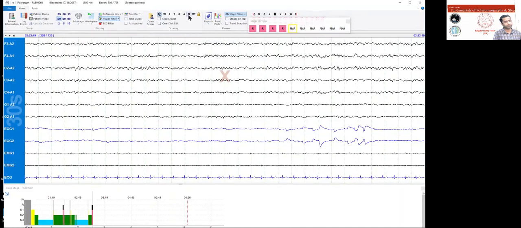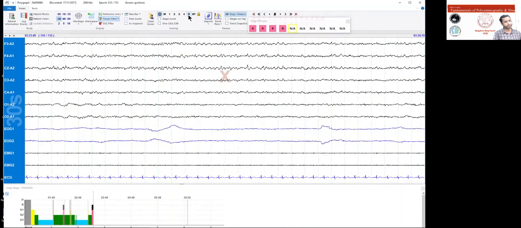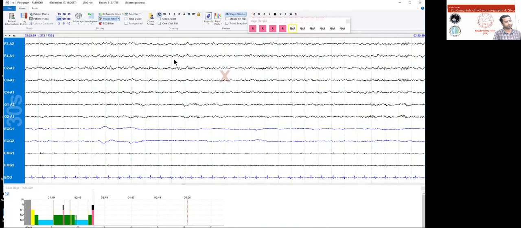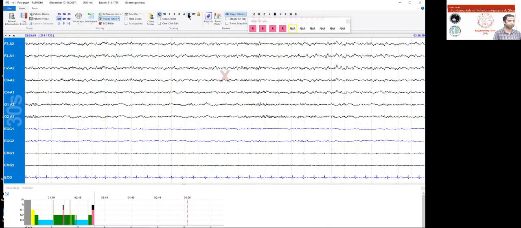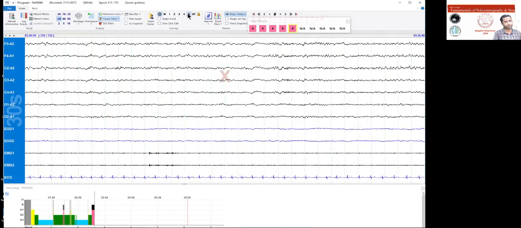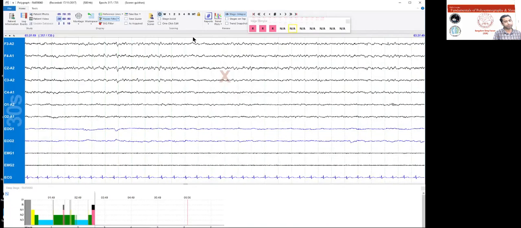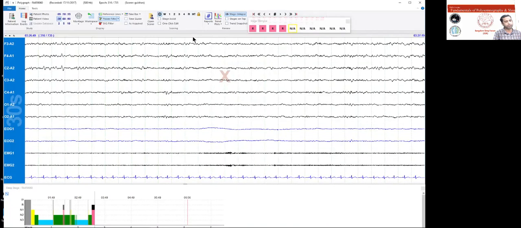Rapid movement is there. So this epoch has nothing, means no other distinct features, but the preceding epochs were having rapid events. So that's why we are marking them as REM sleep.